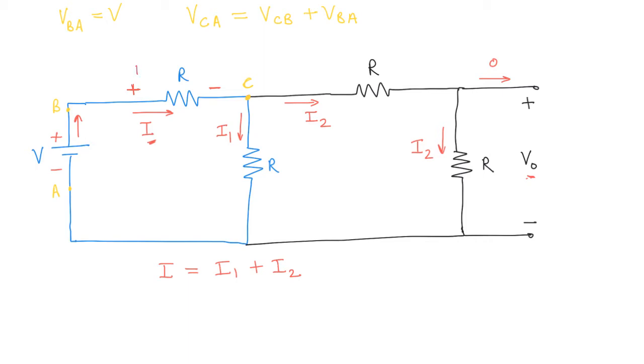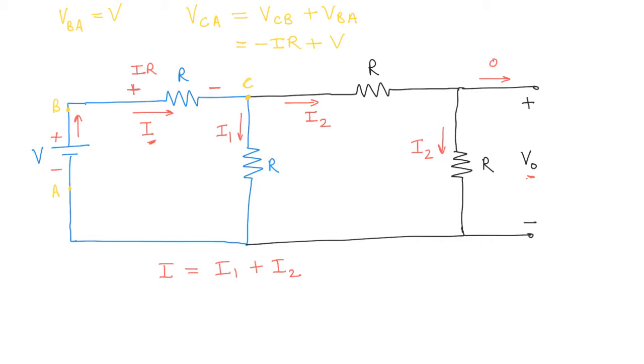It is going to be I, which is the current, times the resistance, IR, according to Ohm's law, right? So what is VCB going to be? VC, the point C, is at a lower potential than point B, right? So therefore we can write VCB will be equal to minus IR, and VBA is of course V, so minus IR plus V. So that is VCA.